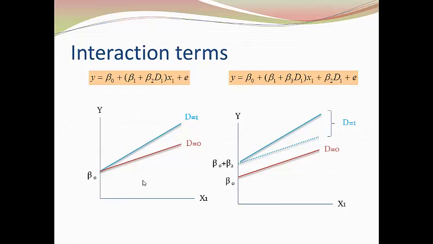So blue, which is our new line, reflects the coefficient on our dummy variable. Then when I include an interaction term, not only does my intercept change, but my slope changes too. So in my second graph, my red line is still my slope, my coefficient on my x variable. If there's no interaction term and d takes a value of 1, then my intercept just increases by the coefficient of my dummy. So it would just go to that blue dotted line.